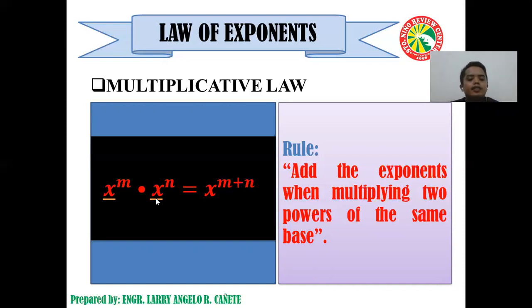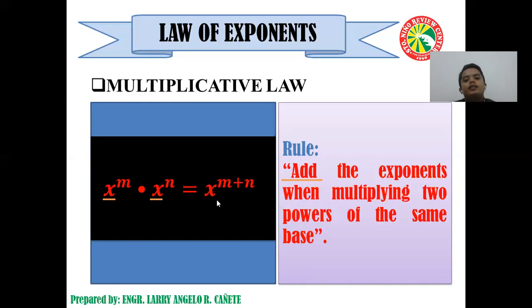So you simply copy the base and then add their exponents. Assuming exponent m and exponent n, m would be added to n, provided that they have the same base.